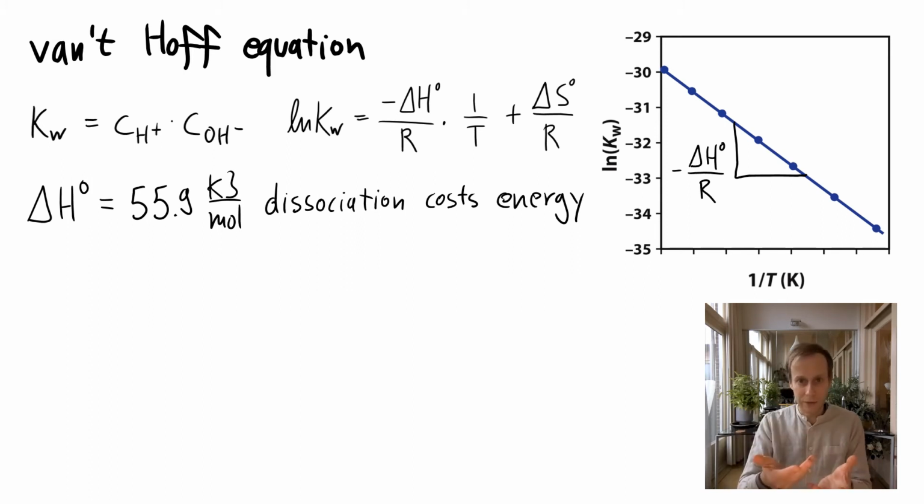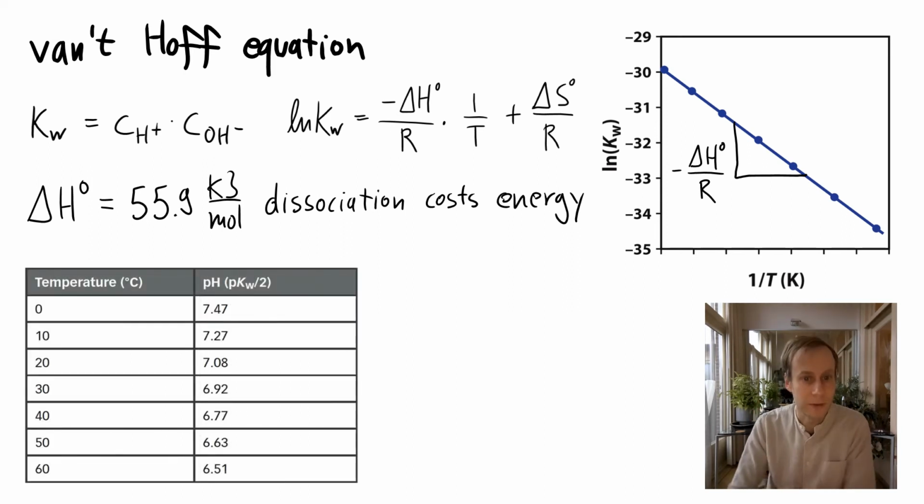You have to add energy to make the water dissociate. And by increasing the temperature, you increase the degree of dissociation. And that results in a temperature dependence of the neutral pH value, where the concentration of protons and the concentration of hydroxide ions are the same, which you see in this table.